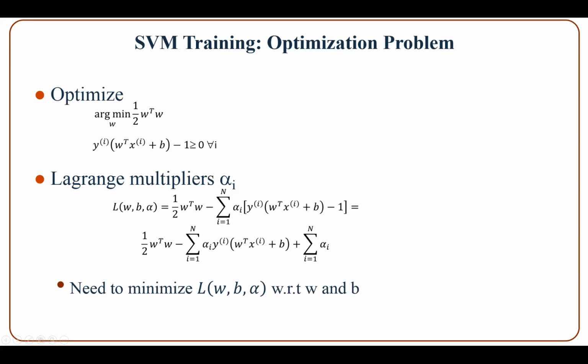We minimize w transpose w subject to this constraint. With the Lagrangian multipliers alpha i, we convert the constrained optimization problem into the unconstrained optimization problem.